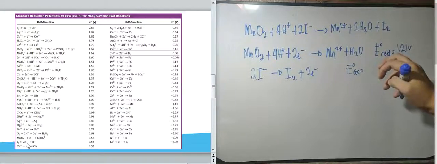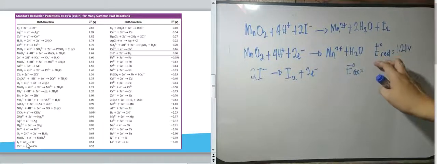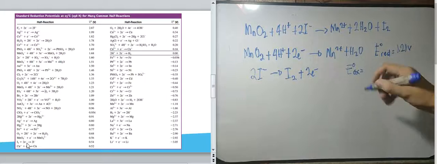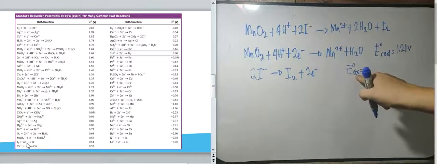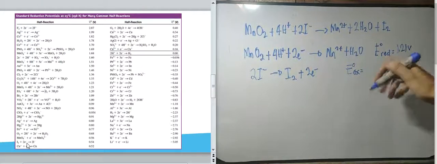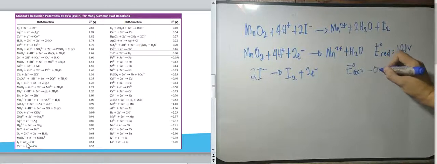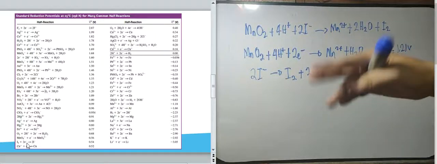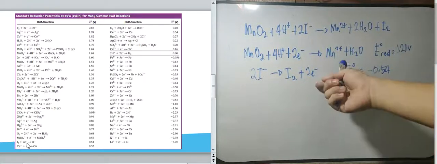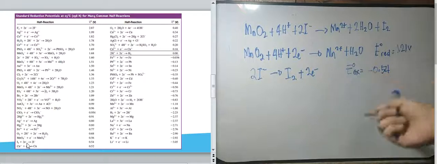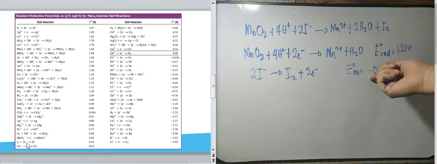So we just reverse the sign convention. The standard oxidation potential will be negative 0.54. It is positive in the table because it is a reduction, but here, since it's oxidation, it should be the opposite sign.